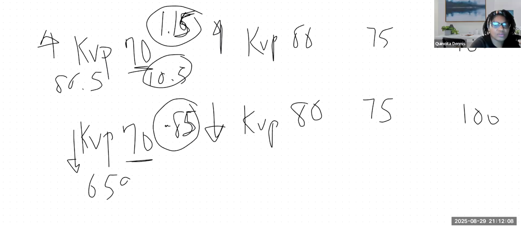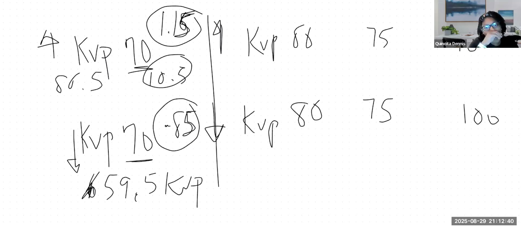All right, so those are the new kVps that I would employ there. Same thing, if I wanted to use that 1.15, 70 times 1.15 gives me 80.5, and 70 times 0.85 gives me 59.5. All right, so figure out the next three columns. What numbers would you have?